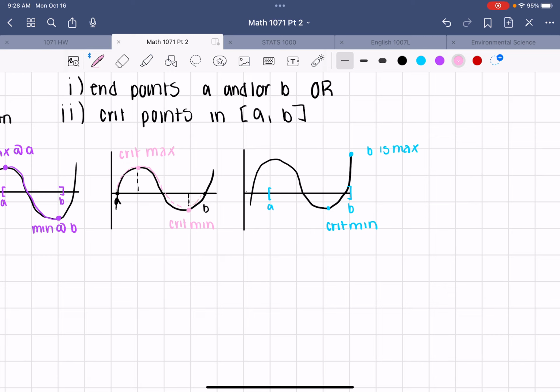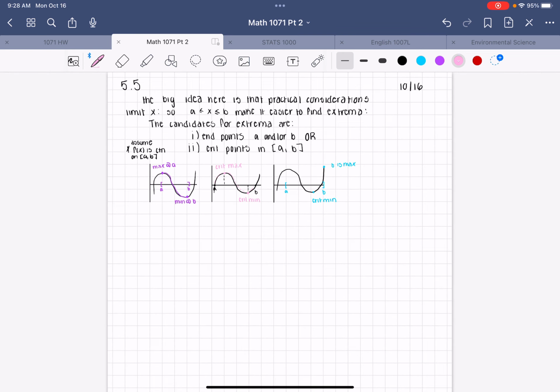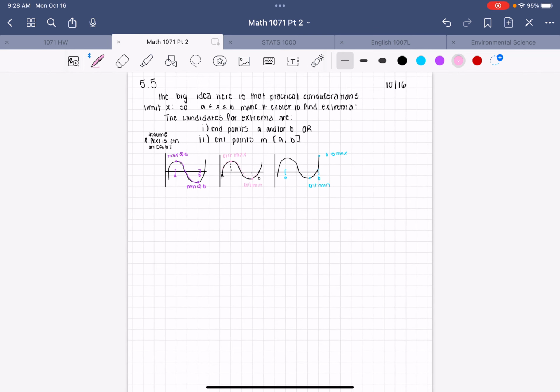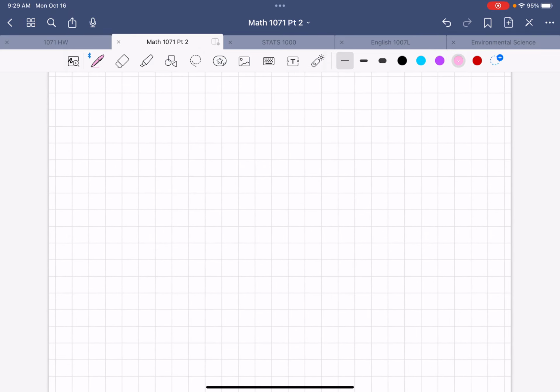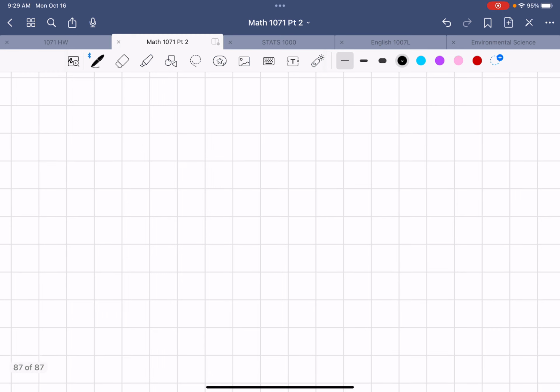So here they give you a function, f of x is equal to x squared minus 4x plus 1. And they have to tell you your a and b. You're restricted to the interval -1 to 1. And the problem is find extrema. And you know what I mean by that. You want your absolute max and you want your absolute minimum.